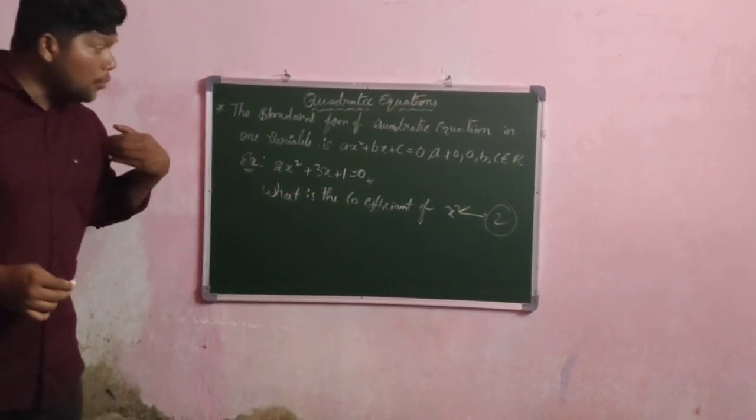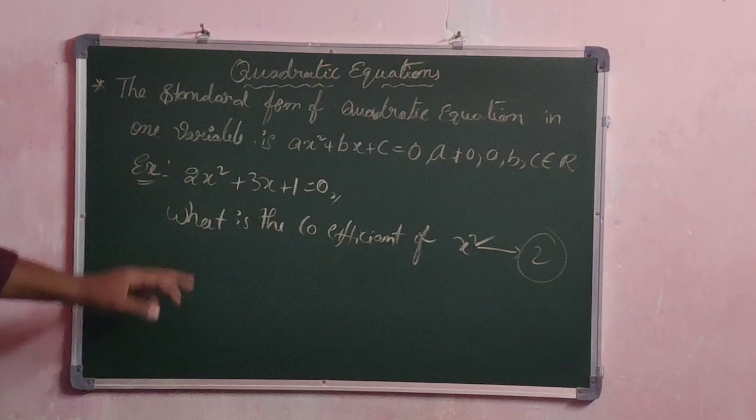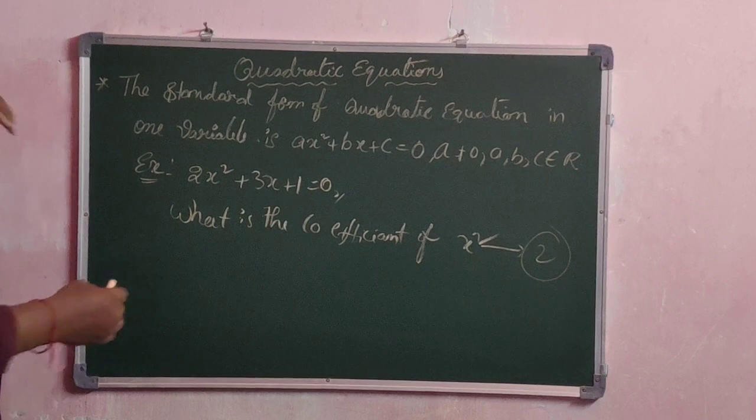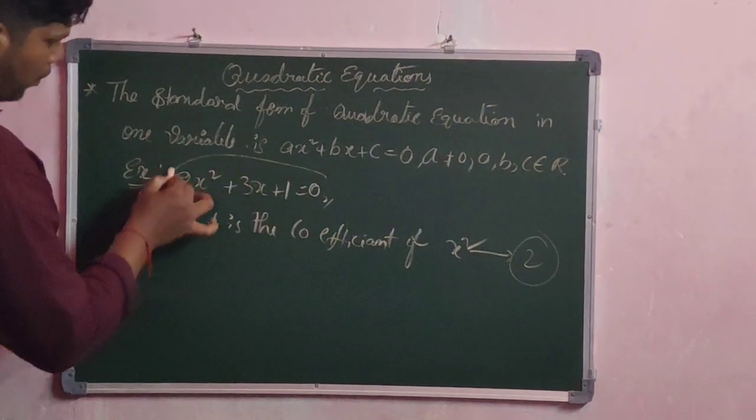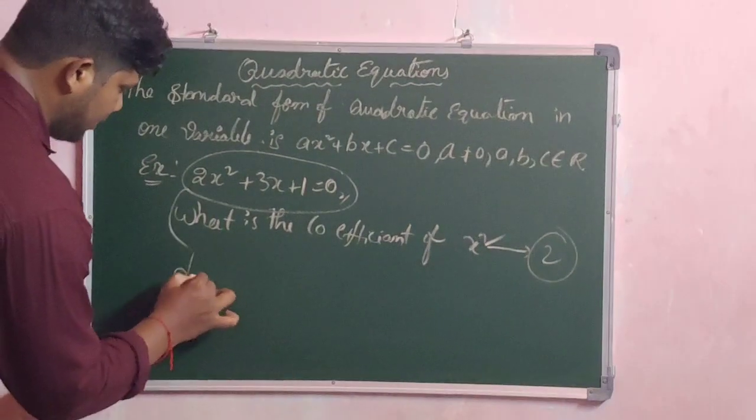Okay, what is the coefficient of x? 3, right. What is the degree, the highest degree of this quadratic equation? The degree is 2.